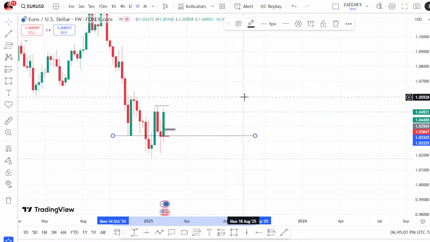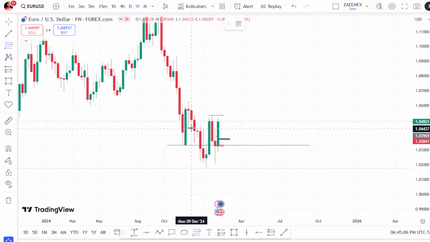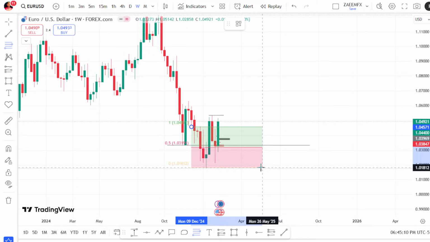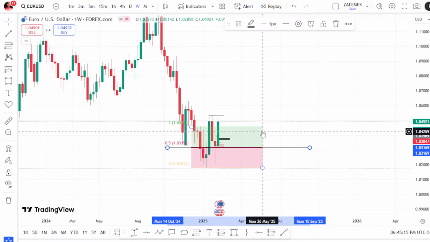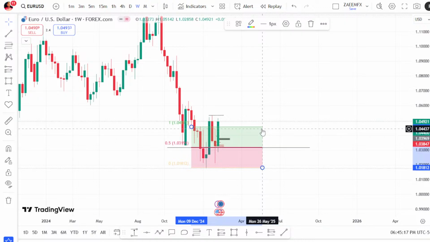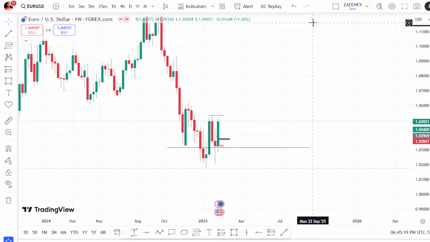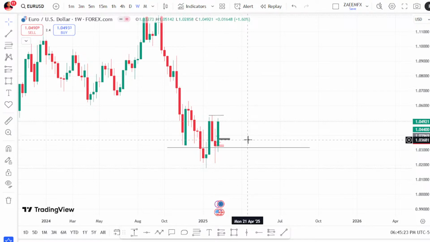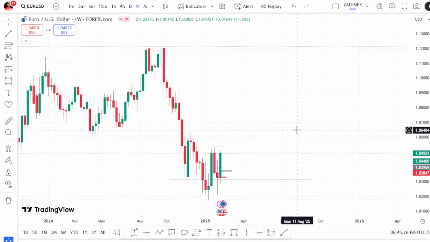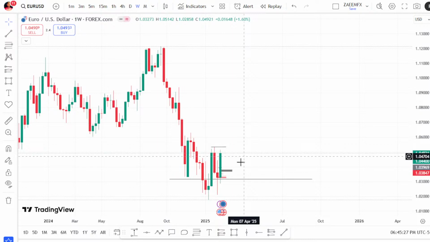Why? Because if you measure this range to this, yeah. So that's the first level I'll be monitoring. Then the second level, yeah, the first level is okay. So I think this will be on my chart. What I want now is maybe price can trade into this.